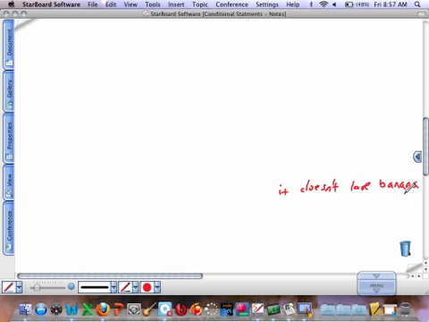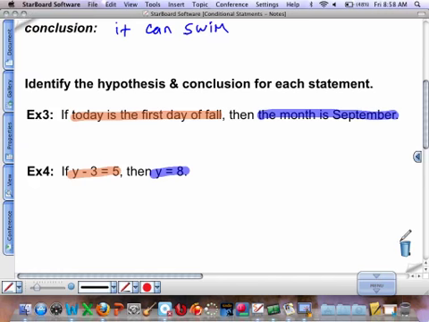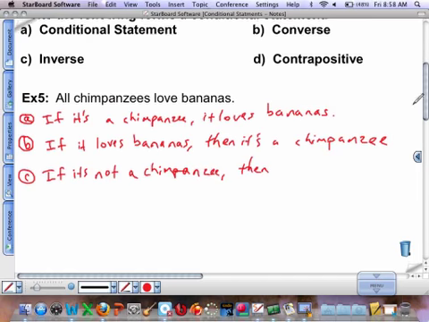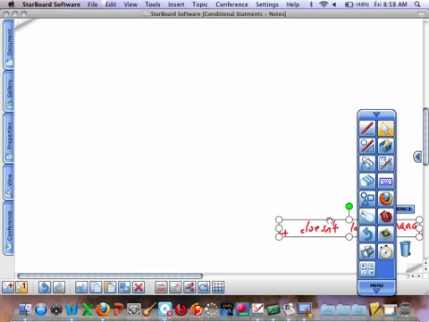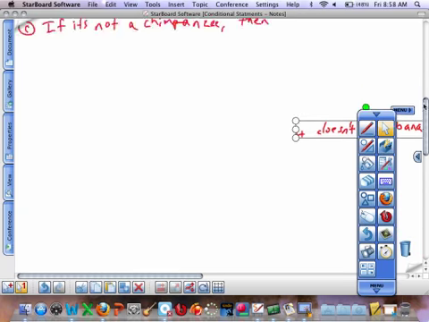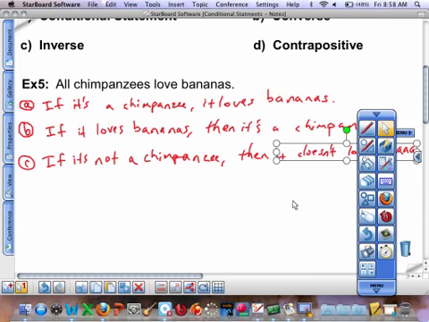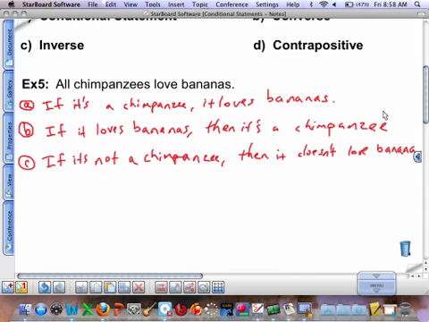And I know right now a lot of you guys are thinking, we're sitting here and you might feel like you're in English class. But that really is the foundation to geometry, these conditional statements.